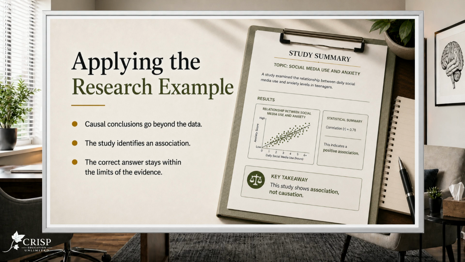Multiple answer choices may describe social media as causing increased anxiety or as having a direct effect on mental health. These options extend beyond what the study shows. The study identifies a relationship between two variables. It does not establish that one variable causes the other. The correct answer reflects that limitation and describes the findings as an association.